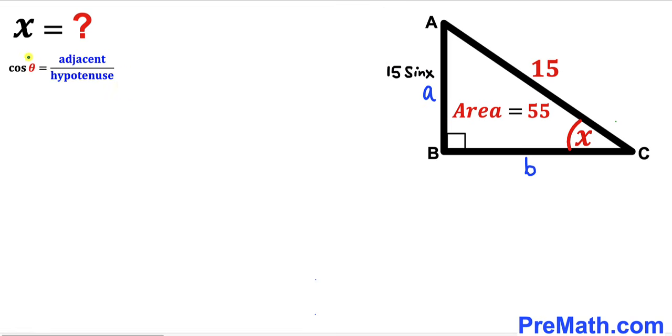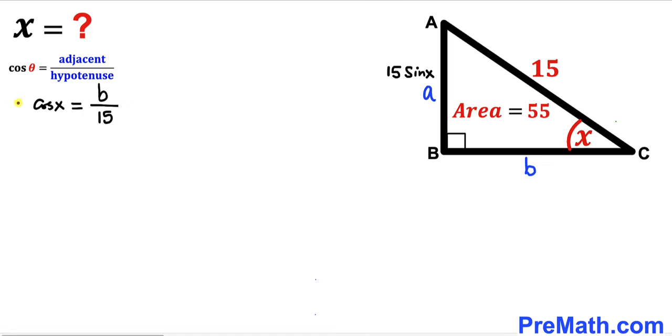Now let's recall another trigonometric ratio. Cosine of theta is adjacent divided by hypotenuse. So for this angle, this side is going to be our adjacent and this is our hypotenuse. Therefore, cosine of x is equal to lowercase b divided by 15.